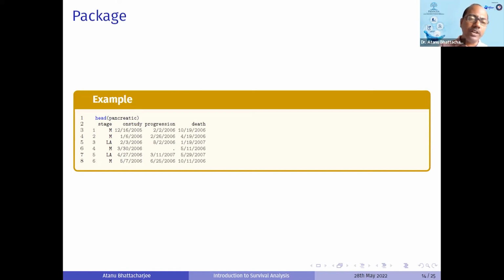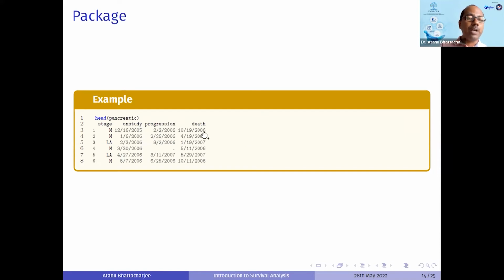Another way, as I already mentioned with this Excel file, stage, on-study, progressions, you can also calculate the date of progression. Like I gave the last date of follow-up, the date of progression you can also put over there. Similarly, date of progression minus on-study date needs to be subtracted, and then you will get the duration of progression.